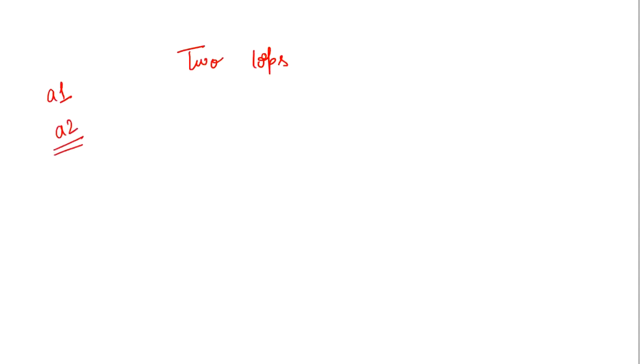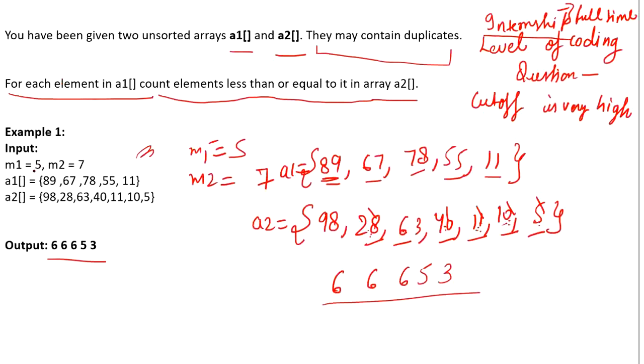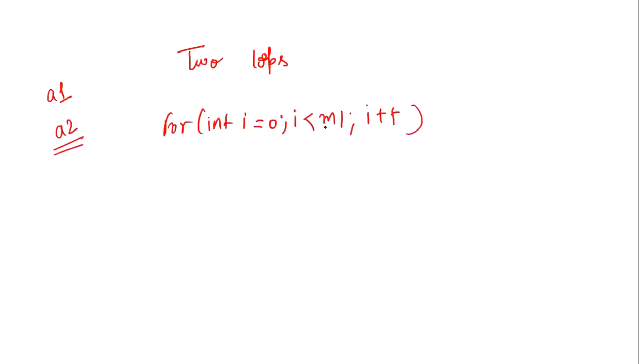So we will run a loop like this: for int i equal to 0, i less than m1, i plus plus. See, m1 is the size of array 1, so that's why we have m1.